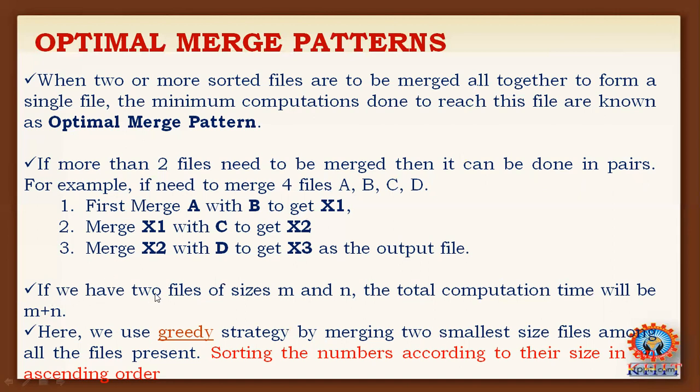If we have two files of size M and N, the first file size is M and the second file size is N. In this case, the total number of comparisons or computation time required to merge those files is simply the sum of the sizes of these two files, that is M plus N. This is the number of comparisons required to merge two different sized files M and N respectively.